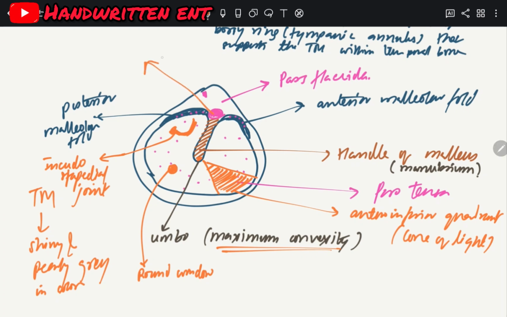This part, it is the lateral process of malleus. This part outside, that is in the periphery, it is the tympanic annulus.